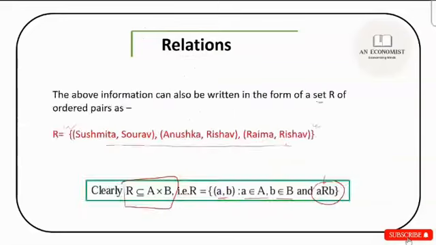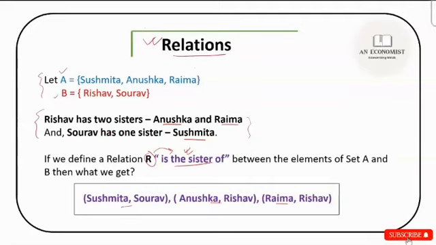So suppose you have only one set. R can be from the set A to A as well, or R can be from the set B to B as well. It is not necessary that you should have two different sets, then only you can define a relation. A relation can be defined on the basis of only one set as well, right?